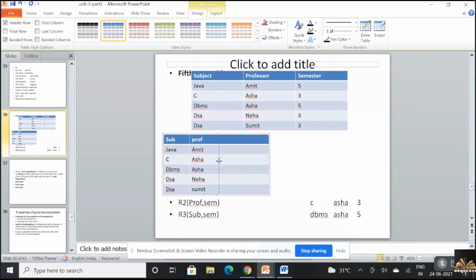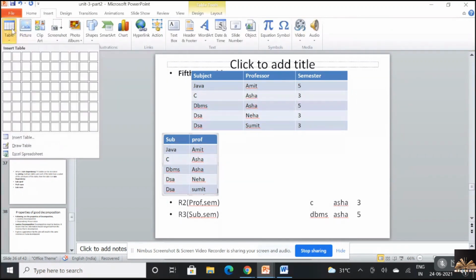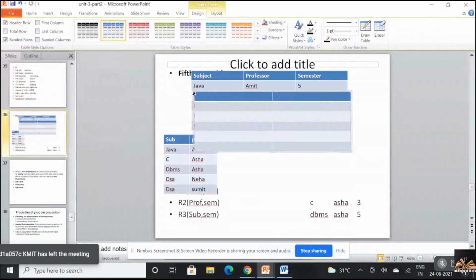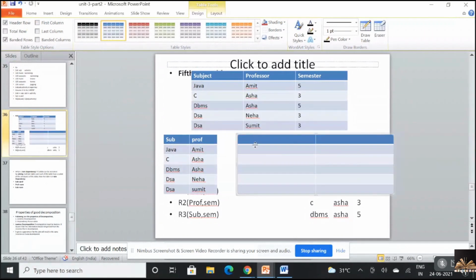Based on how I decompose that table, ma. Okay, this is my professor and next is semester.